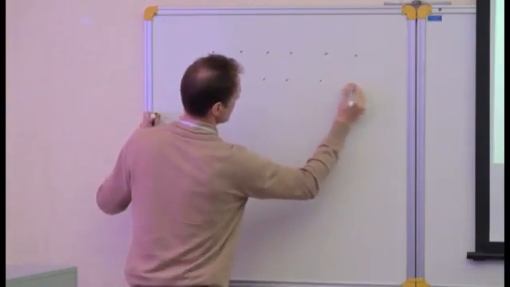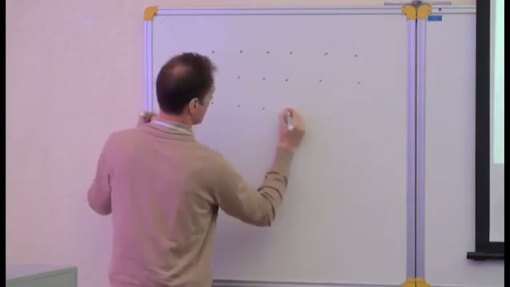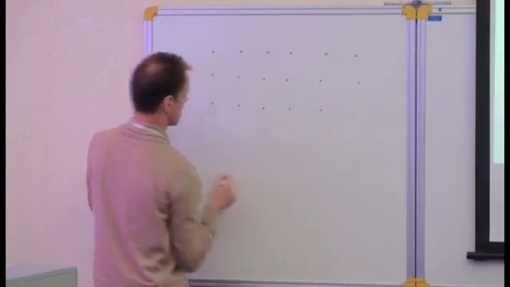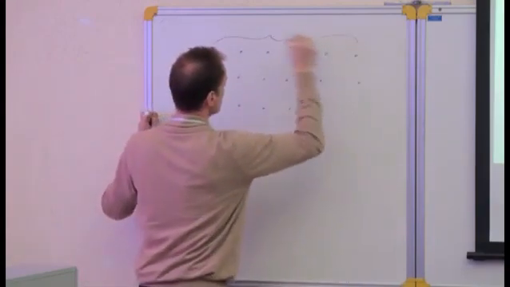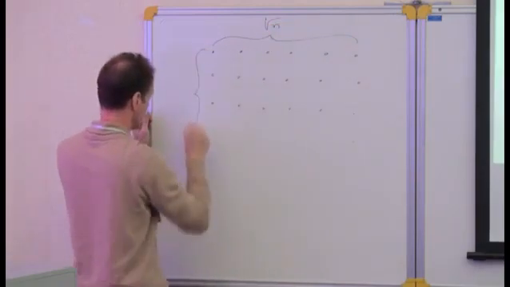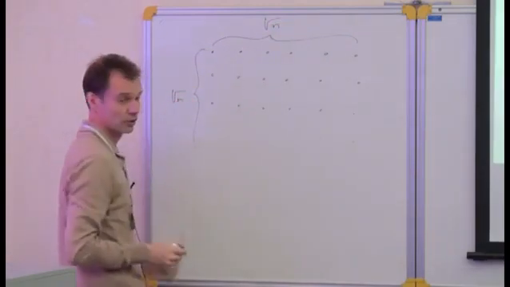Okay, so this is my point set P. So this is a square root of n by square root of n grid.